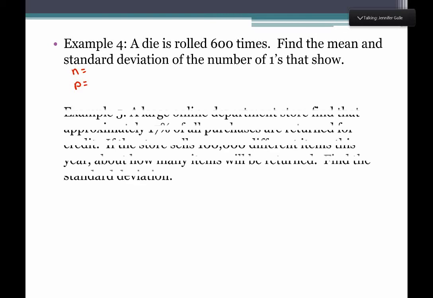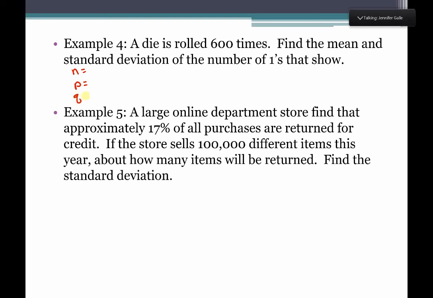Take it or leave it: if you don't like listing these things out, you don't have to. If you just want to pull the numbers right from the question and put them in the formula, you can, but I feel like that's sometimes when I see mistakes happen, at least for myself. All right, so total number of trials: we're going to roll the die 600 times. Probability of success.